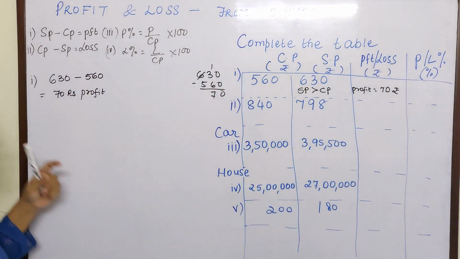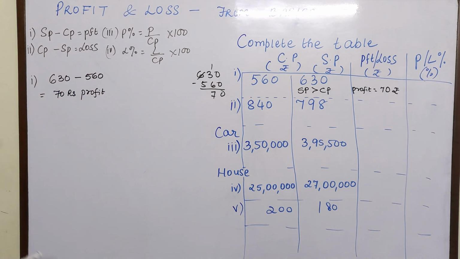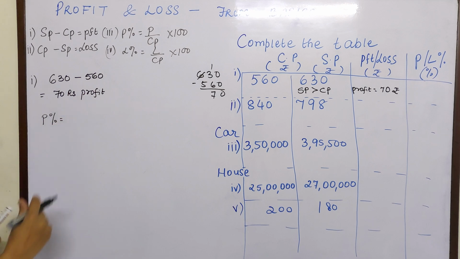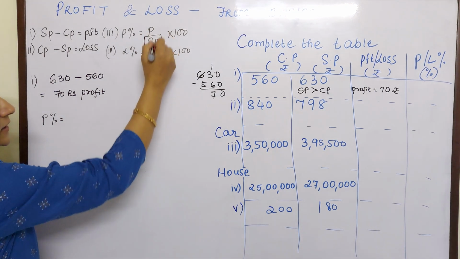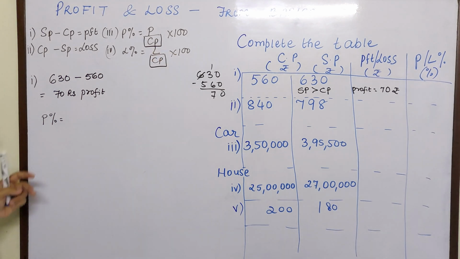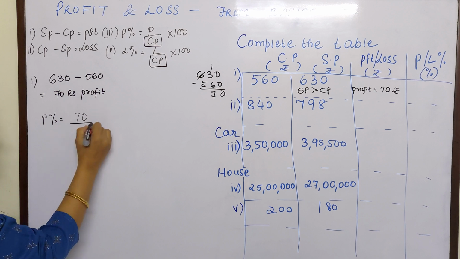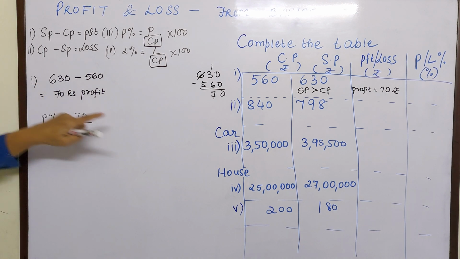Now, if you have got a profit, you have to find profit percentage. And what is the formula for profit percentage? Profit percentage or loss percentage is always calculated on cost price, right? So, profit percentage is equal to profit, that is 70, by cost price. What is cost price, children?